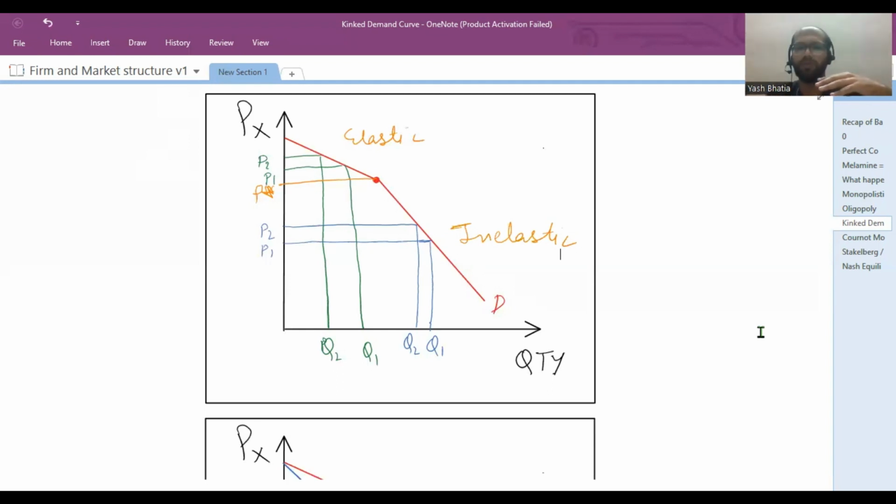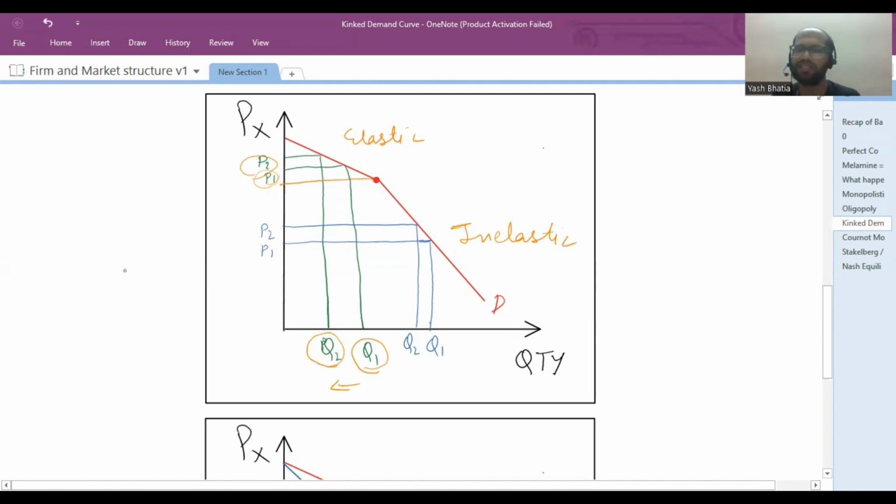When Coke loses customers to Pepsi, demand for Pepsi increases, right? So let's assume they are operating at P1. If Coke increases the price from P1 to P2, then it was earlier operating at Q1, now it will be operating at Q2. There is a fall in quantity demanded, and it is losing customers to Pepsi. So when it's operating at higher prices, the demand curve is highly elastic.